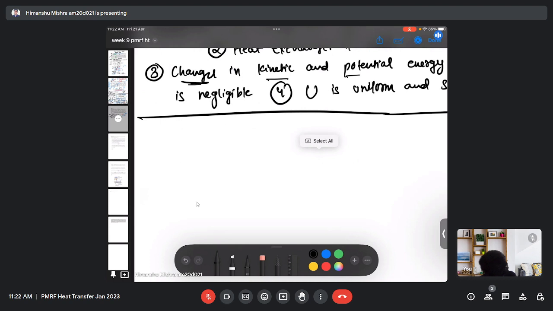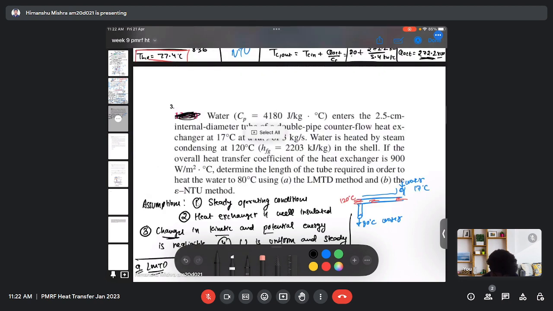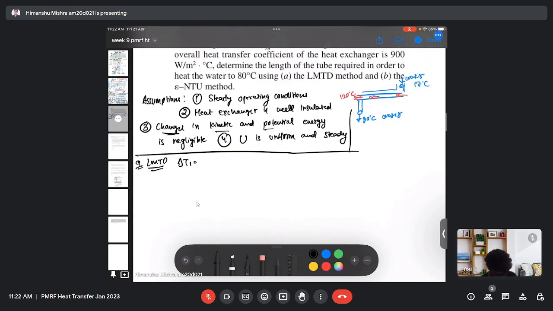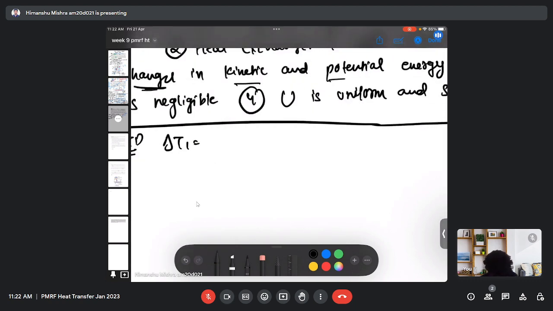So first we use the log mean temperature difference method. So let ΔT1. Here we have given the counter flow heat exchanger. So my ΔT1 will be hot fluid inlet temperature minus cold fluid outlet temperature, which is 120 minus 80, 40 degrees Celsius.